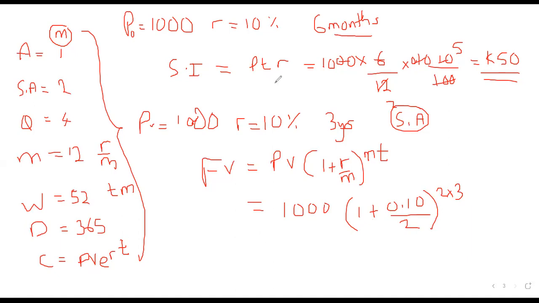Meaning here we're going to have 1,000 and here 1.05 to the power 6. Then you get your answer there. One thing you must note is that the more we compound, the higher the figure. When you compound more, the figure is higher.